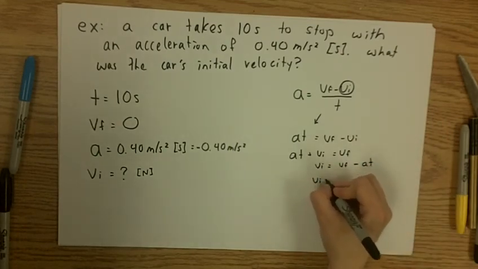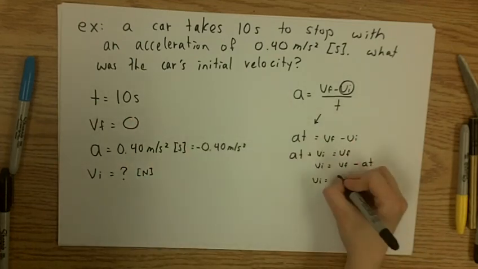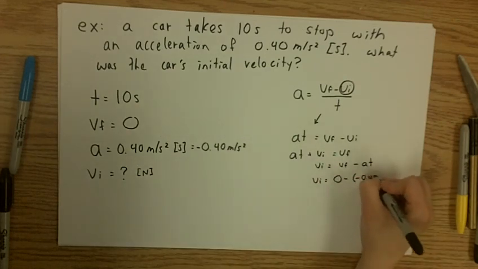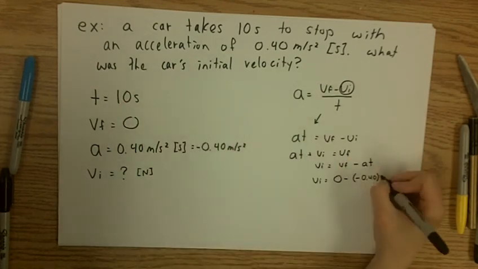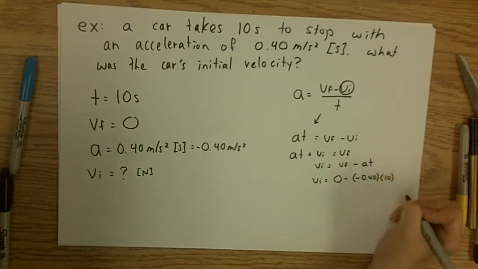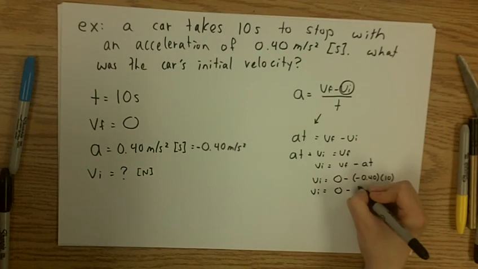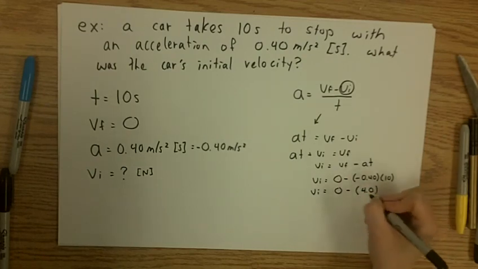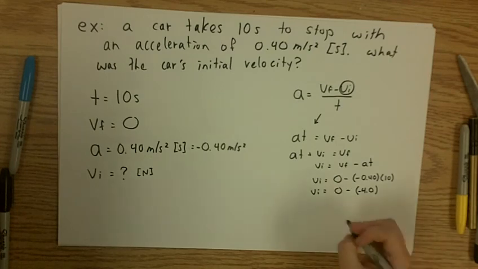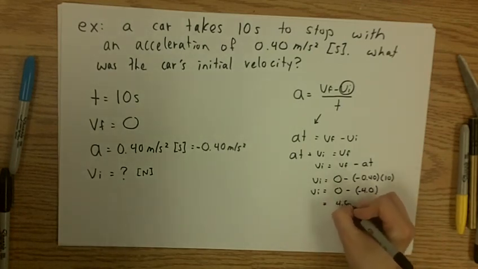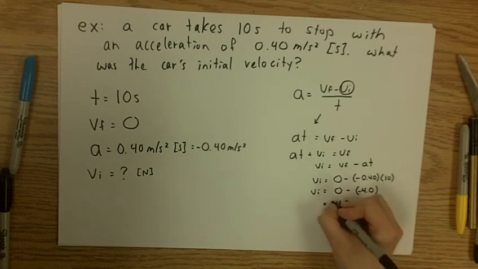So now vi equals, vf is 0, minus, brackets, negative 0.40 times time, which is 10. 0 minus negative 4.0 equals, a negative times a negative makes a positive 4.0 meters per second.